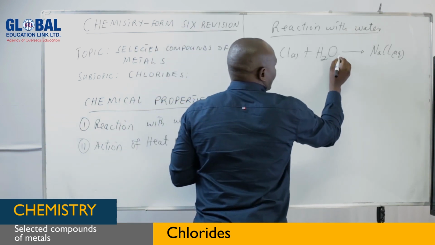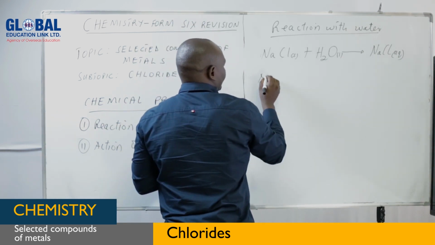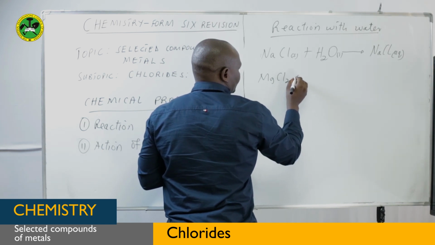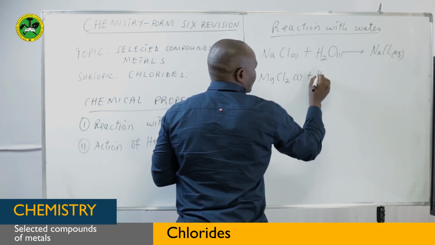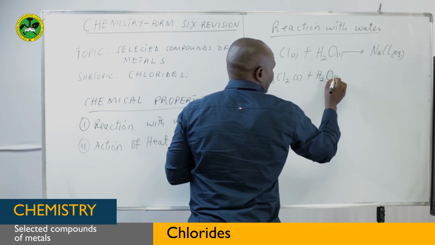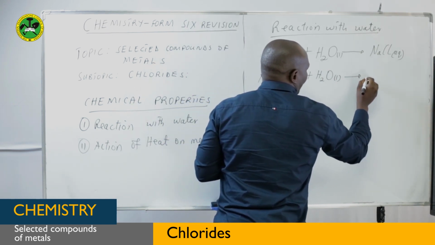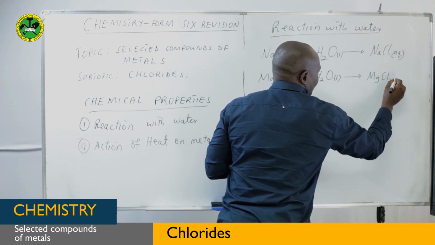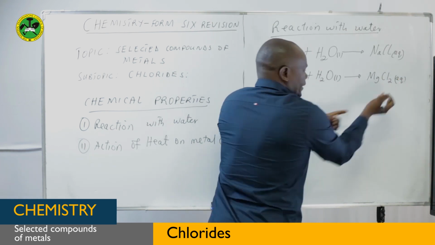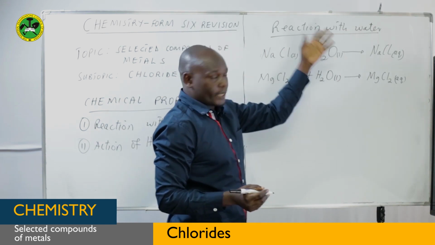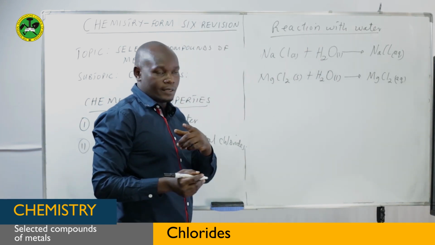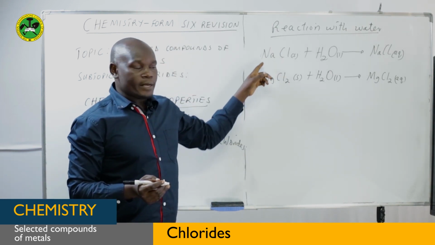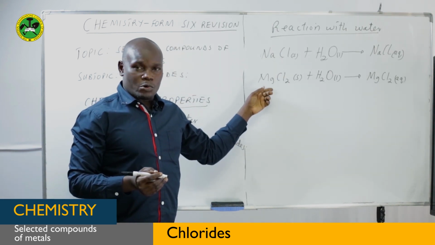Likewise, magnesium chloride also dissociates in water into its respective ions, so it exists in aqueous state, which is magnesium chloride aqueous. So writing aqueous means they are ions. You can balance the equation. It's now your task, my dear students. So that is about sodium chloride and magnesium chloride.